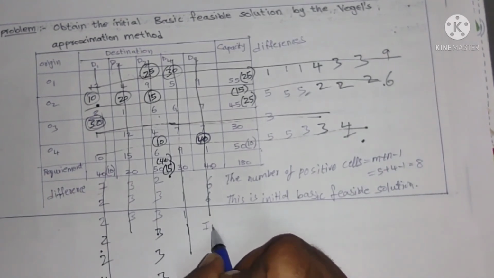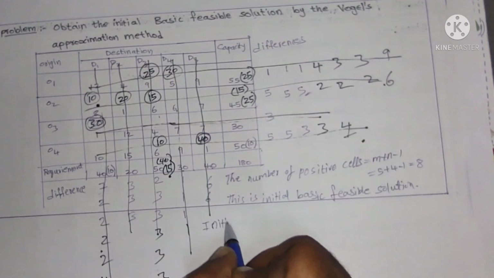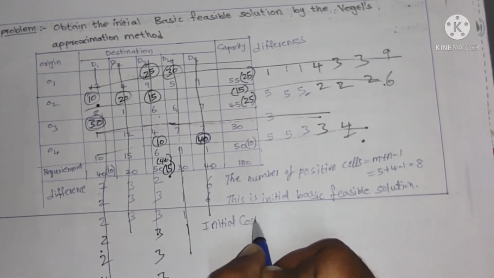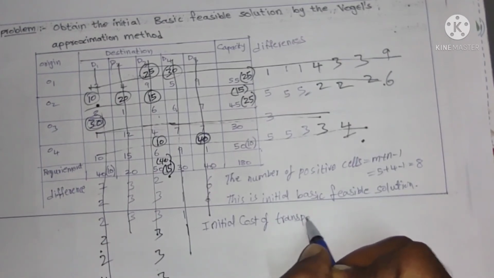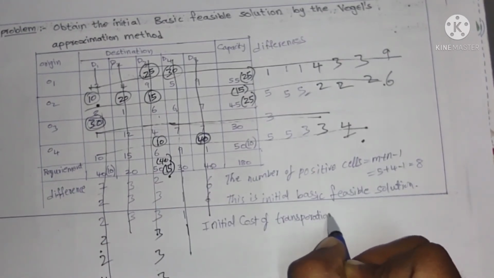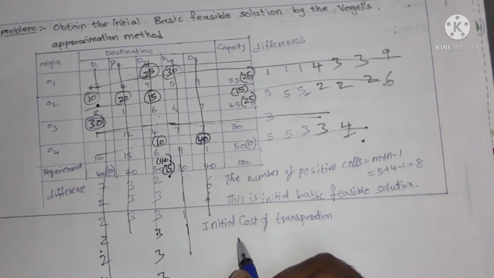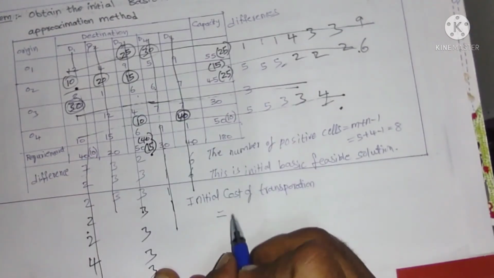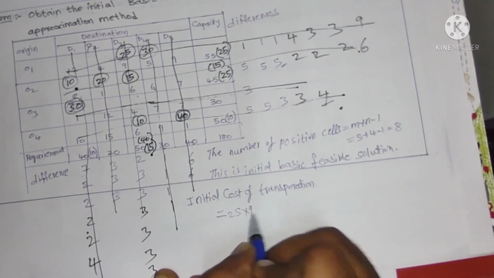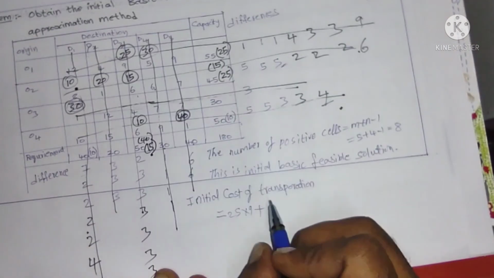Now initial cost of transportation. Initial cost of transportation is equal to 25 into 9 plus 30 into 5.